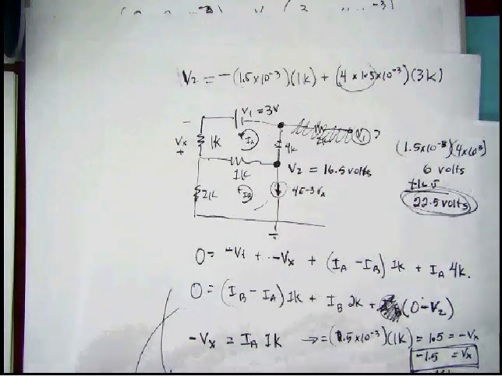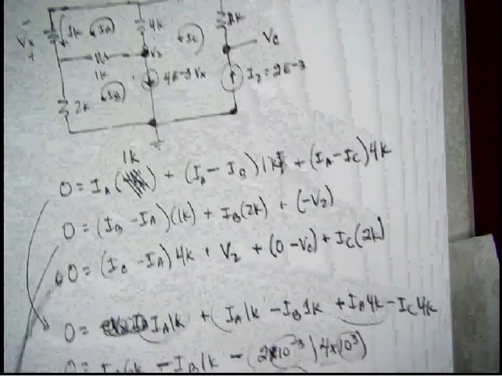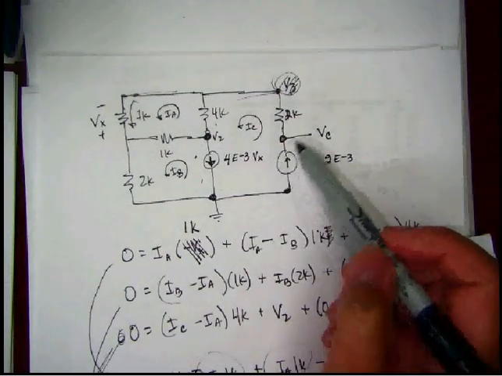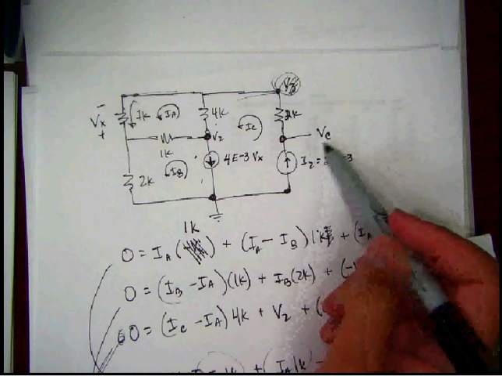go to our current analysis when we turned off the voltage source and we just turned on the current source I2. So when we turned on the current source I2, we did almost find out what VC was.